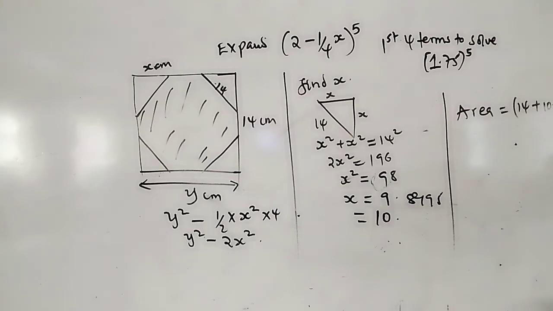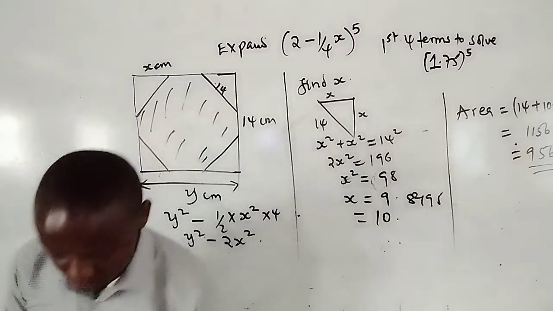Then we subtract 2x squared, so 2 times 10 squared. When simplified, this is 34 squared, we get 1156 minus 200, we get 956 square centimeters. So that's it.